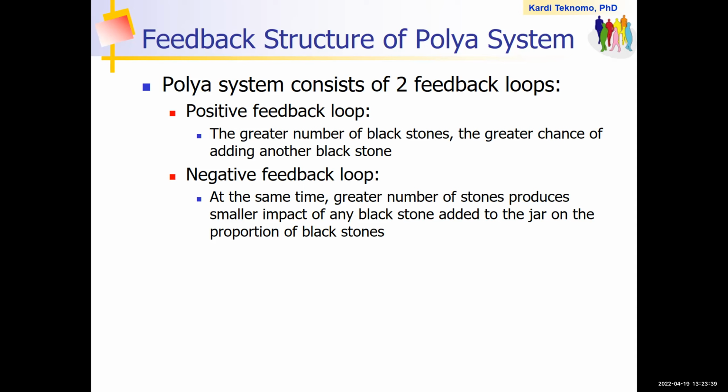At the same time, the greater number of stones means a smaller impact on the proportion of black stones for any black stone added to the jar. This is the negative feedback loop that stabilizes the system.